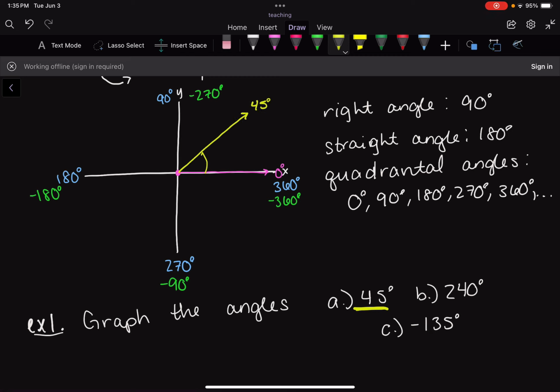So that means that this angle right here is 45 degrees. Now let me do 240. So 240 is a little bit past 180, but still before 270. It's a bit closer to 270, so I'm going to put it right here. And so the actual size of this angle is still measured all the way from that initial side.